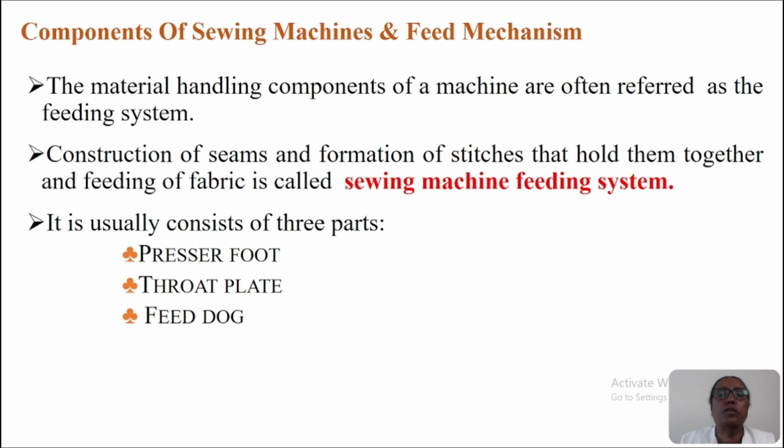Components of the sewing machine and feeding mechanism. The material handling component of the machine is often referred to as the feeding system. Construction of seam and formation of a stitch that holds the pieces of fabric together and feeds the fabric through the machine is called the sewing machine feeding mechanism.